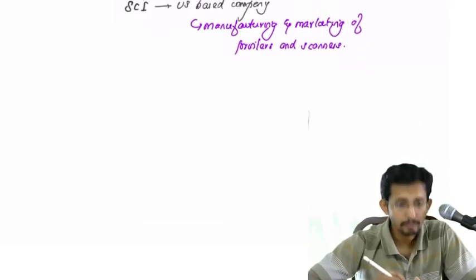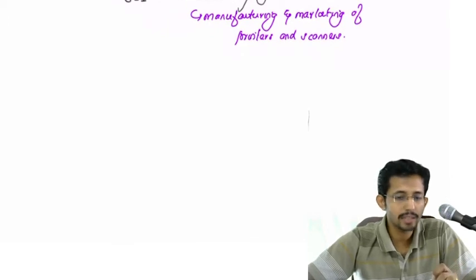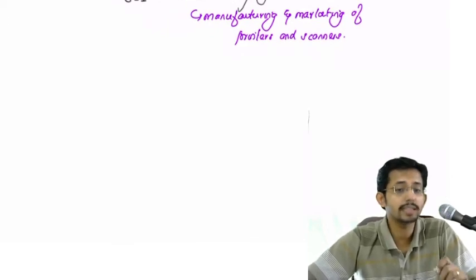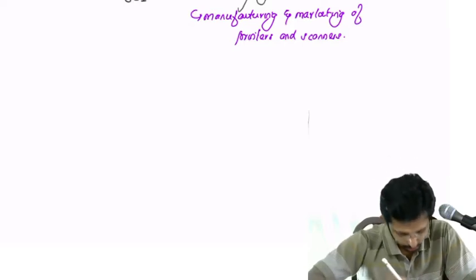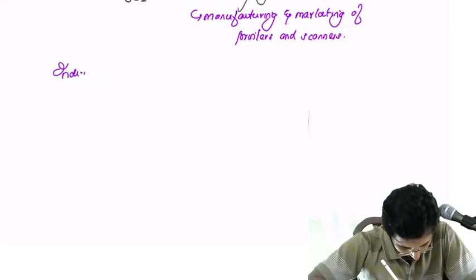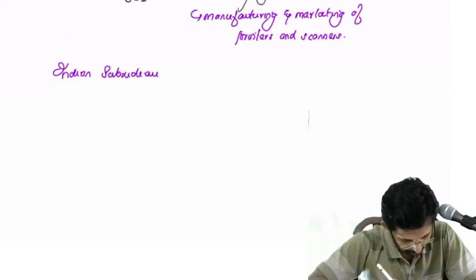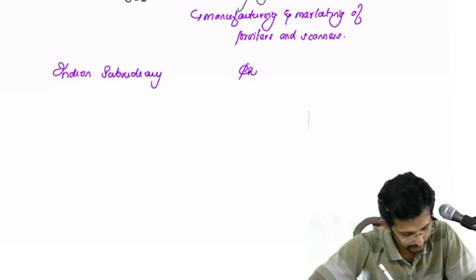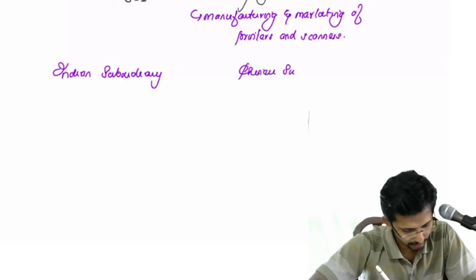The Indian subsidiary of SCI buys an important component for the printers and scanners from the Chinese subsidiary of the same MNC group. So there is an Indian subsidiary and there is a Chinese subsidiary.